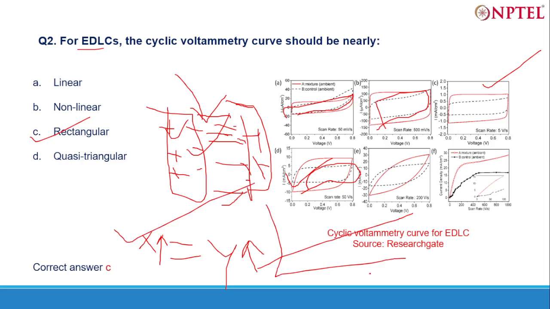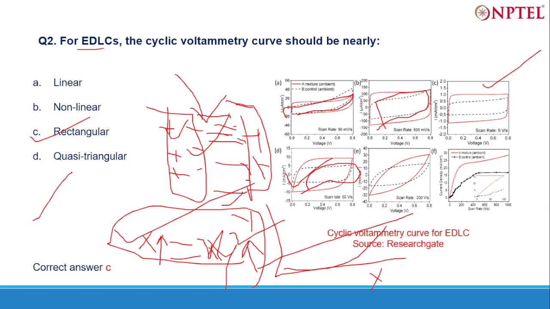Non-linear involves powers. If you put a power here, an increase in y doesn't mean a similar increase in x. That's why it is called non-linear. It will generally be a curve. Rectangular shapes are basically charging-discharging cycles. Quasi-triangulars look different.